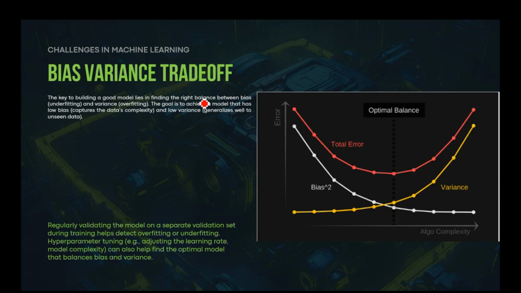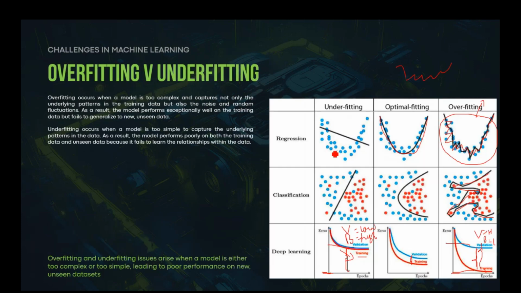If you talk about an example, a linear regression model trying to fit a complex non-linear relationship will likely have a high bias because it assumes a linear relationship that does not exist. If you go back to the previous case, we assumed a linear relationship, which is not the case in the data set.